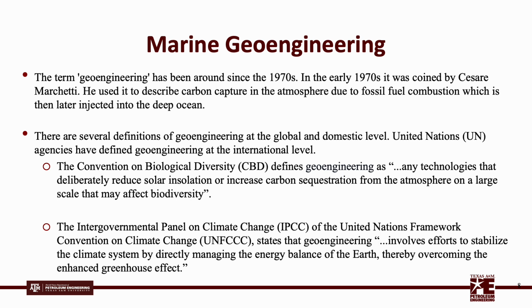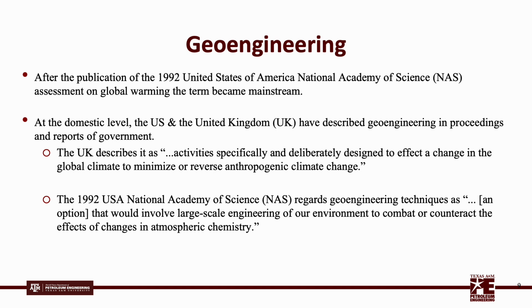The Convention on Biological Diversity (CBD) defines geoengineering as any technologies that deliberately reduce solar insolation or increase carbon sequestration from the atmosphere on a large scale that may affect biodiversity. After the publication of the 1992 United States of America National Academy of Science assessment on global warming, the term became mainstream.